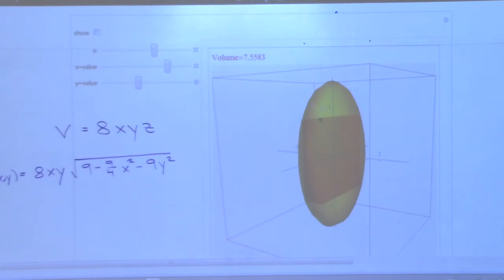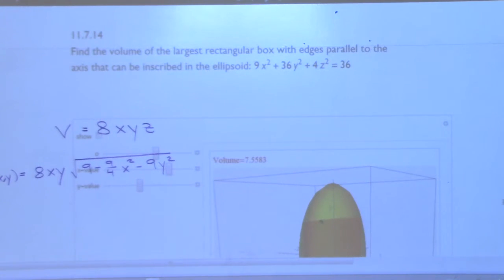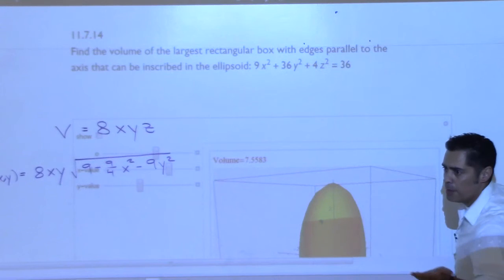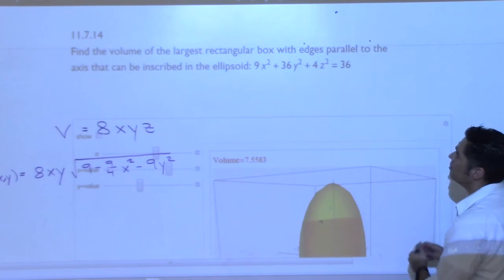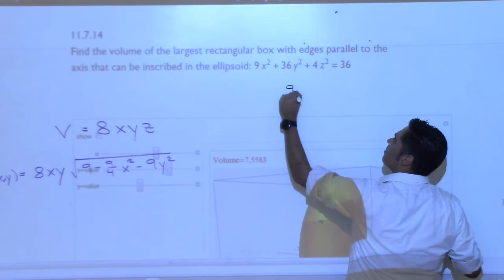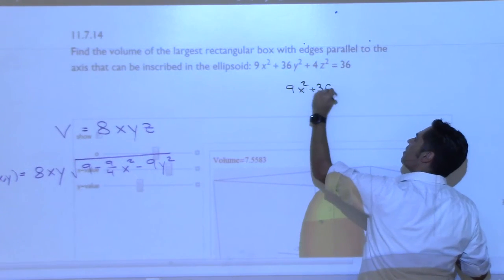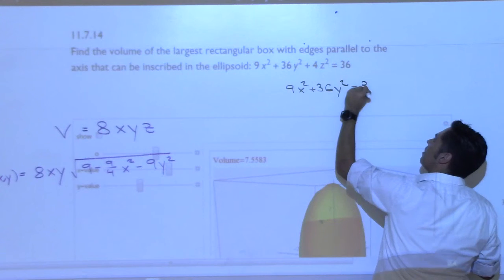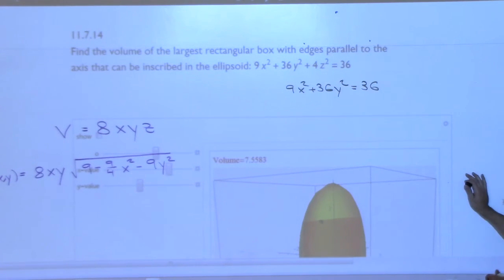Well, what we know is if we cut it through with the xy plane, z is 0. So if z is 0, this equation becomes 9x squared plus 36y squared equals 36, right? That's what happens when I slice it right through the middle. Then I divide everything by 9.